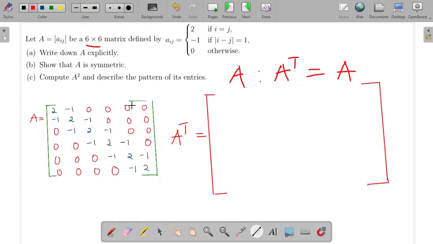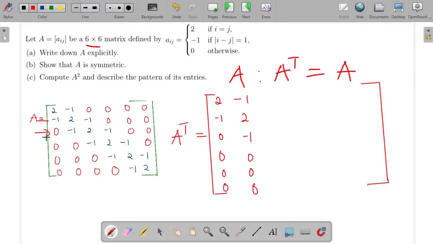This is the first row. You can see, right? It has 2, minus 1, 0, 0, 0. So I'll write it as a column here. So it will be 2, minus 1, and then 4 zeros. The second row, this one here, I write it as a column now. So it will be minus 1, 2, and then minus 1, and then the rest are zeros.